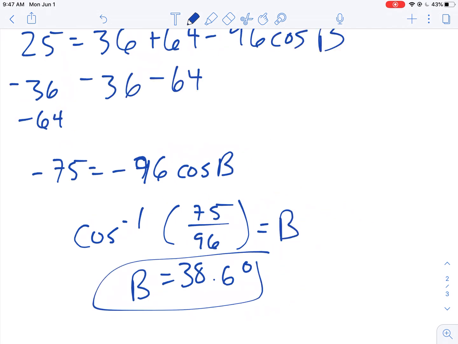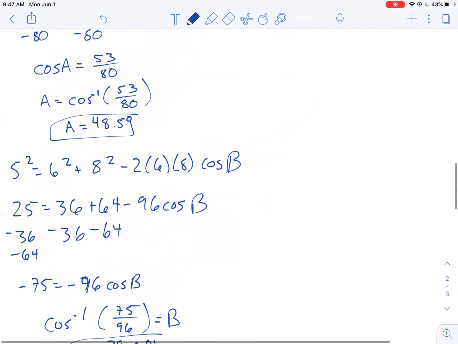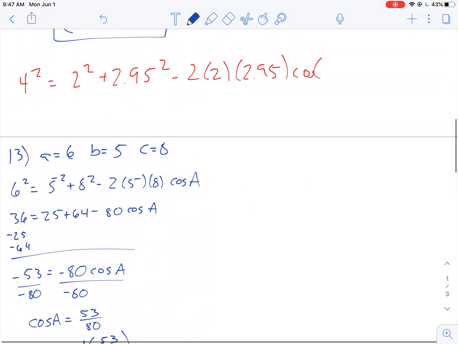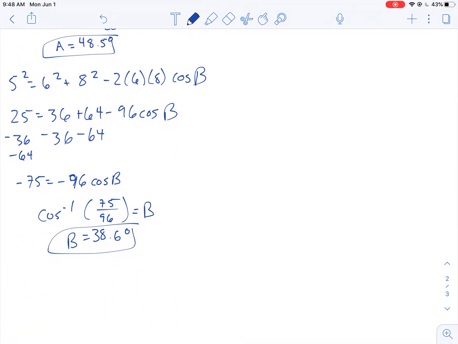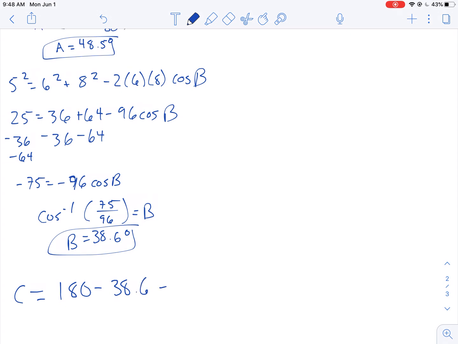That makes sense because B should be smaller than A, given the side length of A being the middle, B being the smallest. And then we're just going to go ahead and solve for angle C by doing your subtraction. So that's 180 minus 38.6 minus 48.5.